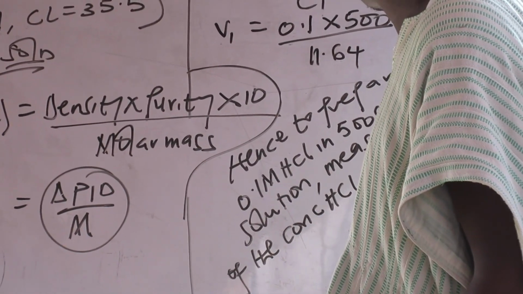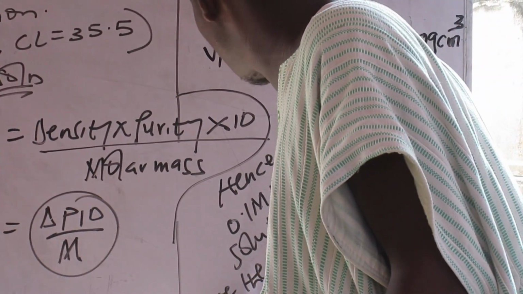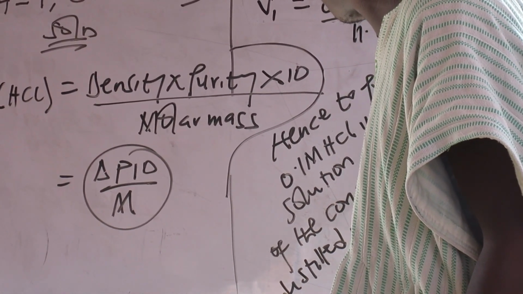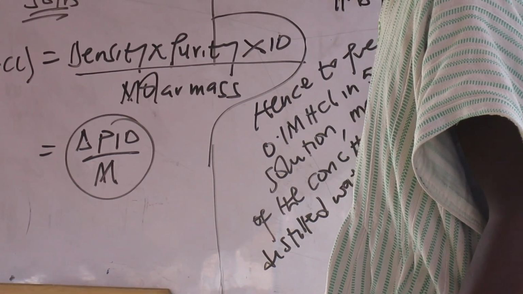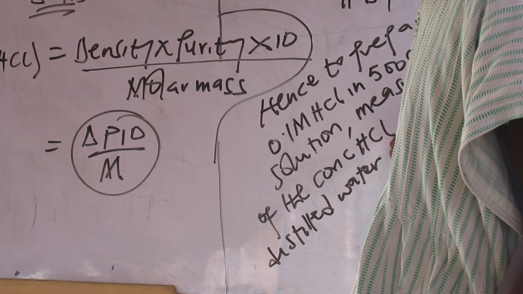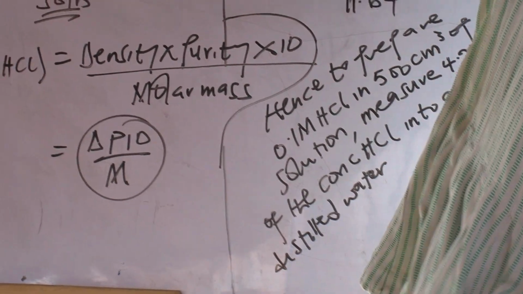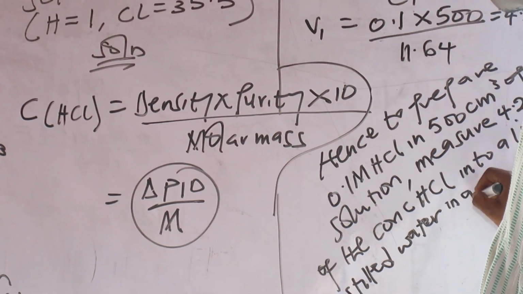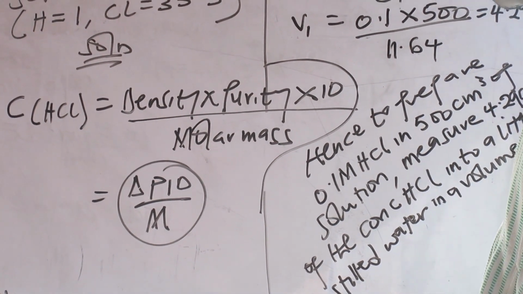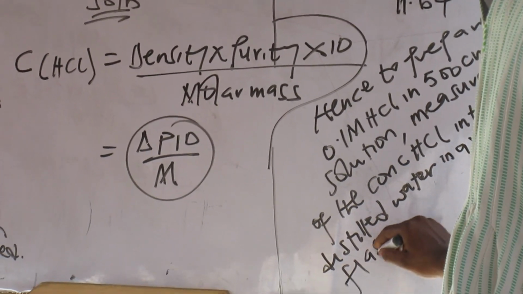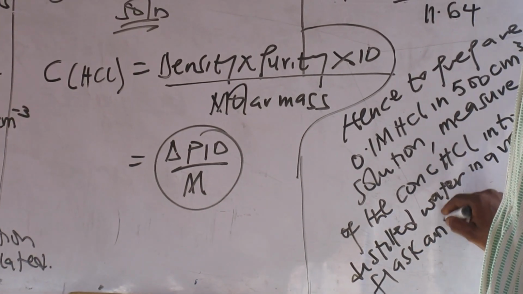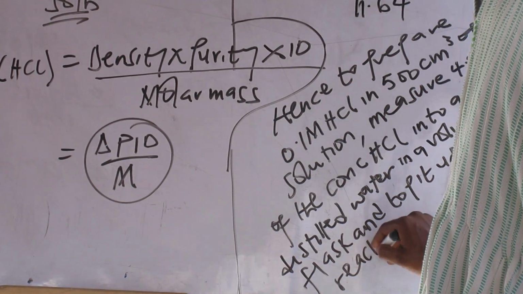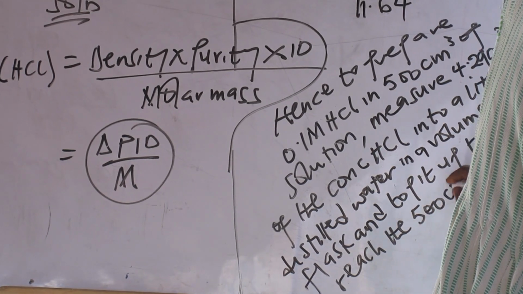Into a little distilled water, say briefly. If this is a volumetric flask, then the same volumetric flask, fine. Into a little distilled water in the volumetric flask, and top it up to reach the 500 centimeter cube mark.